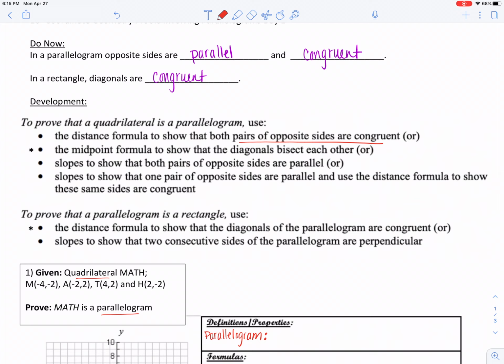We could state that the diagonals bisect each other. We could state that opposite sides are parallel. Or we could state that one pair of opposite sides are parallel and these same sides are congruent. So you state the property that you're going to use in your proof. So for me, and probably you too, I'm going to use that one.